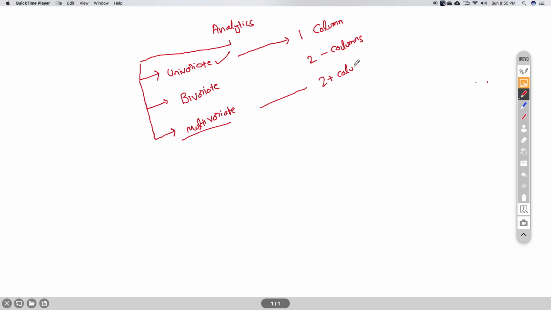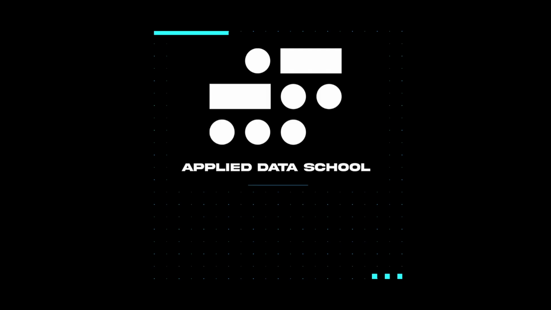We'll go into the details of univariate, bivariate, and multivariate analytics later, but you need to understand this. When we are doing analytics, univariate has one column, bivariate has 2 columns, and multivariate has 2+ columns. Okay, all right, I want you to remember this diagram, and we will connect again. We'll talk more about bivariate analytics and multivariate analytics.